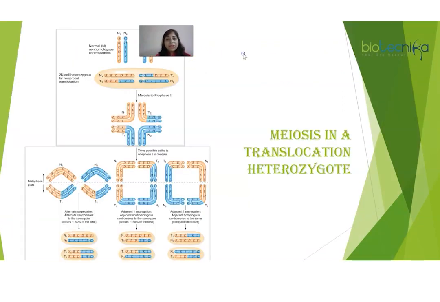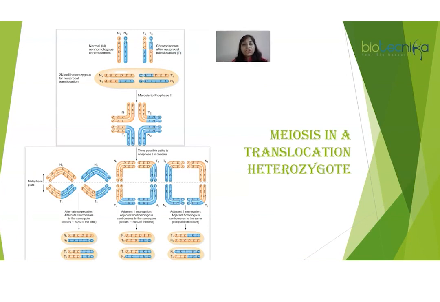This is the image of reciprocal translocation. At the time of meiosis, the translocated chromosomes will have some homology with N1 and some homology with N2, so they will align with both of them. Because of that, this plus-like structure will be formed.